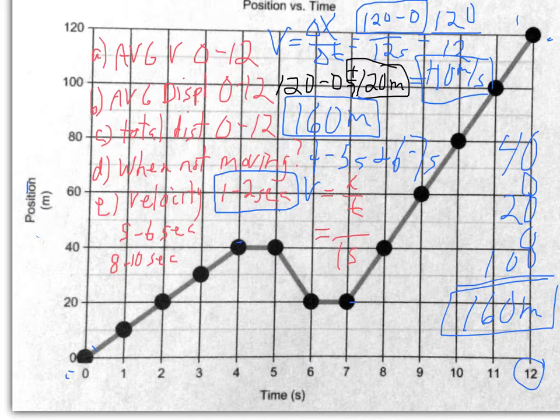And what's our displacement from 1 to 2 seconds? Well, we go from what looks like 10 to 20. So how far is 10 to 20? That's 10 meters in a positive direction. So our velocity from 1 to 2 seconds is 10 meters per second, positive.